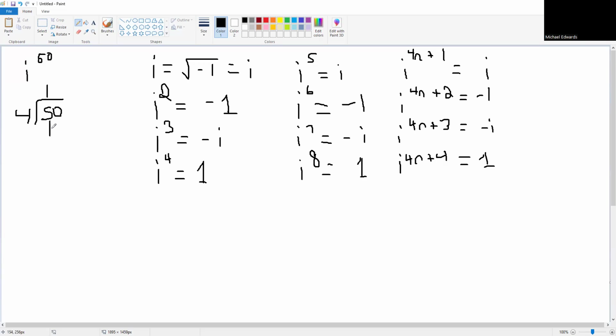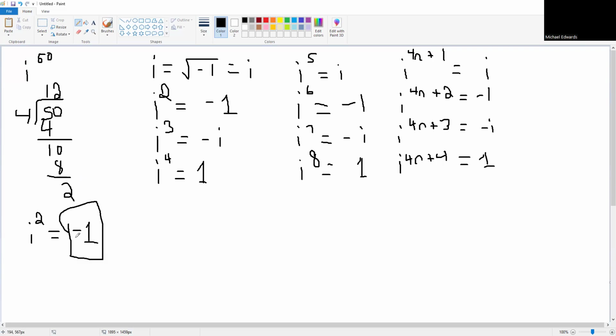Well, we know it'll go 1 time here. That gives me a 10. And how many times does 4 go into 10? 2 times. And then we have a remainder of 2. So this remainder is what we write our i with. i squared equals negative 1. And there's our answer.